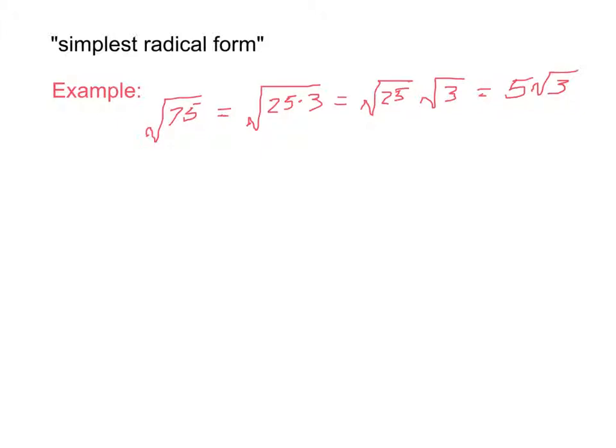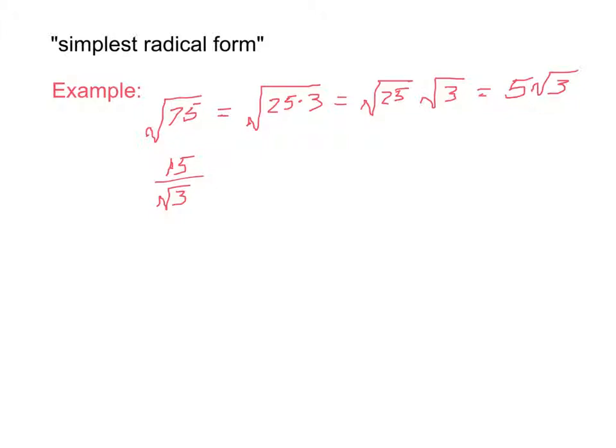All right, another example might be if we had 15 over the square root of 3. So let's assume we got 15 in the numerator and the square root of 3 in the denominator. Well, we know it's not in simplest radical form if we've got a radical in the denominator. So how do we rationalize it?